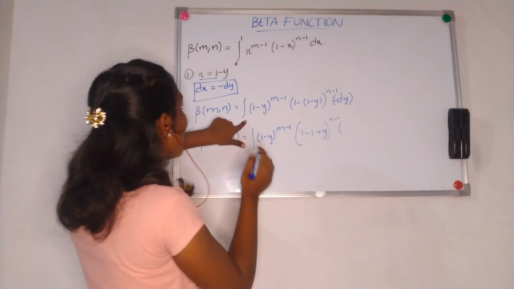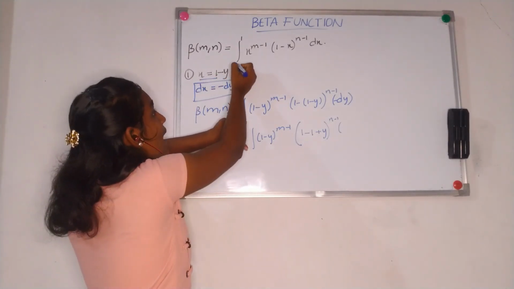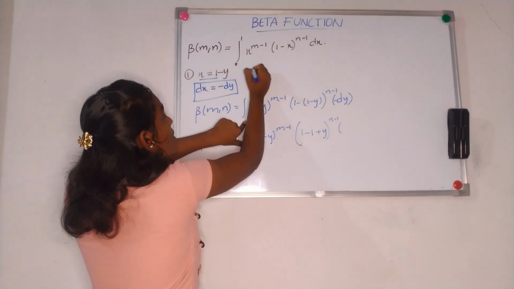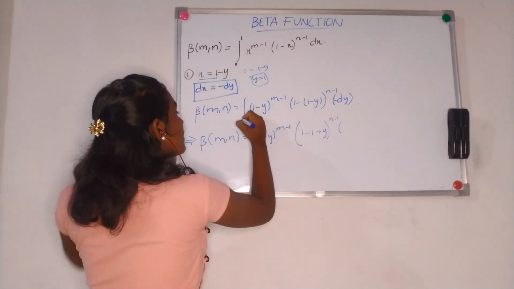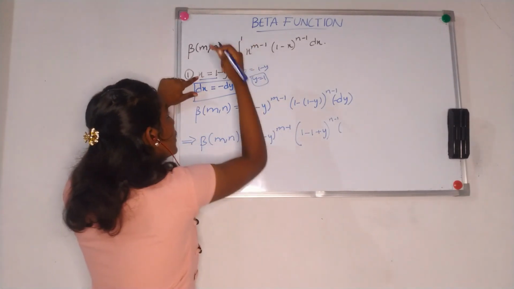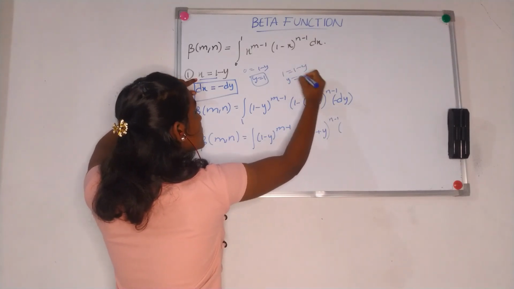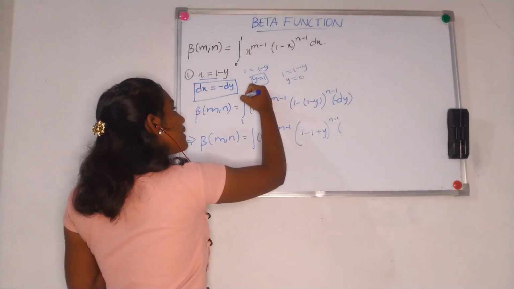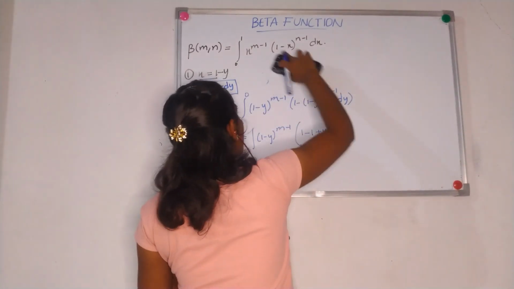Now I have this relation, x is equal to 1 minus y. So at x equal to 0, 0 is equal to 1 minus y, and y will become 1. So this lower limit will be 1, and for the upper limit I have to put 1 instead of x. So 1 is equal to 1 minus y, and y will become 0. So 0 will be the upper limit.